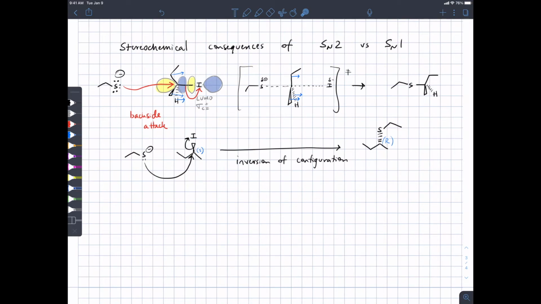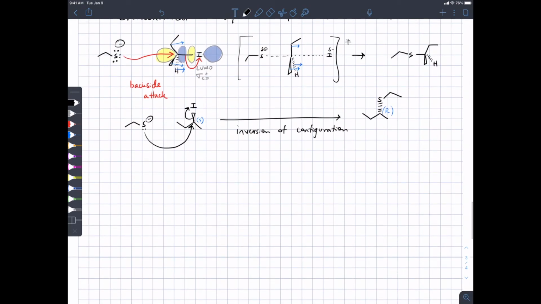And so it does cause a change from S to R. But what we mean is that the nucleophile replaces the leaving group from the other side of the molecule. In the drawing below, iodide used to be up. The nucleophile that came in is now down. This is a universal consequence of the SN2 reaction. This is how it happens.